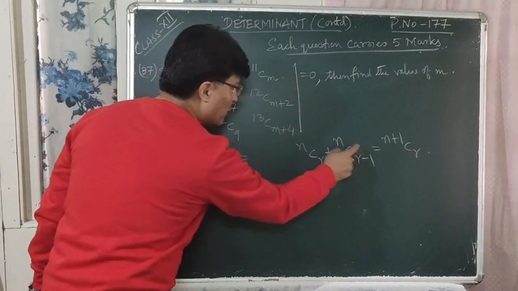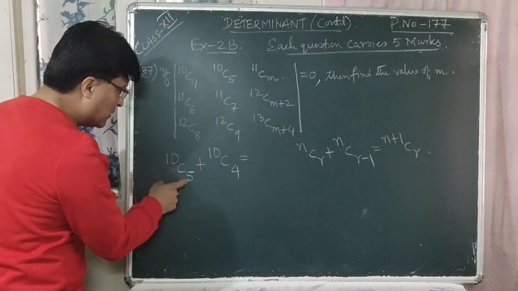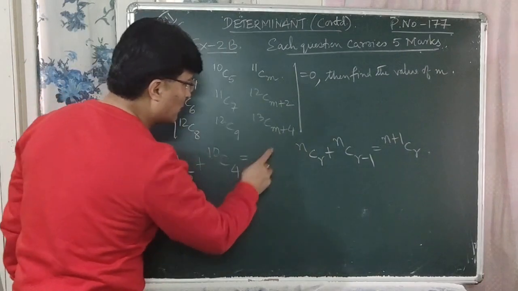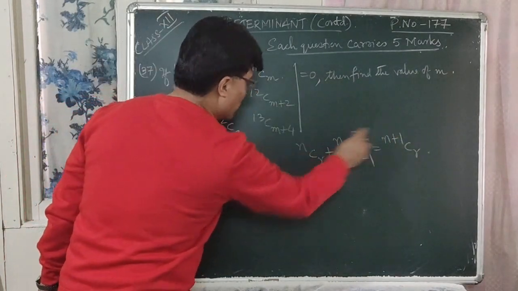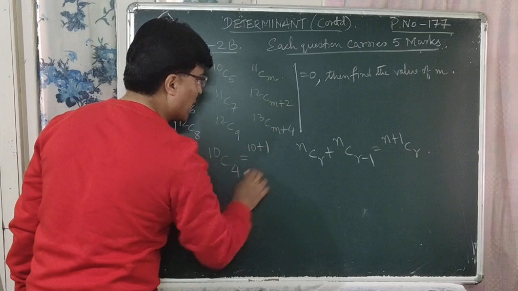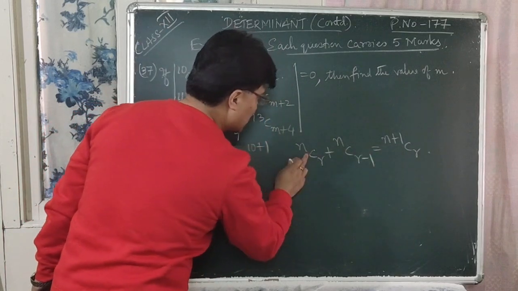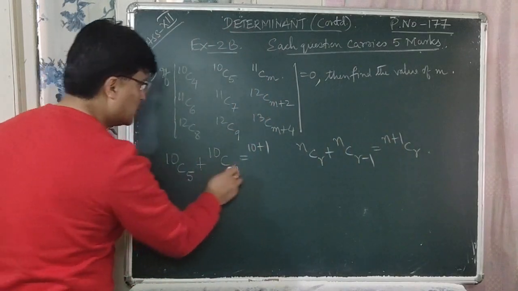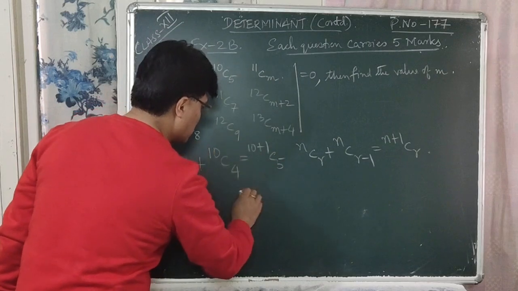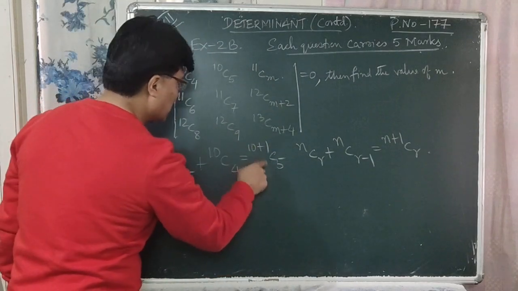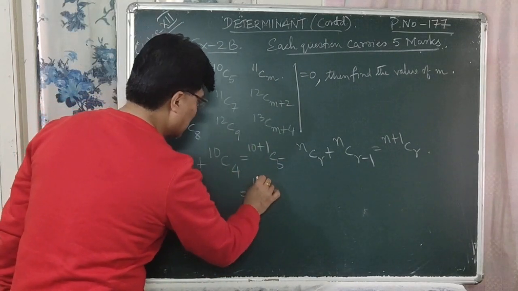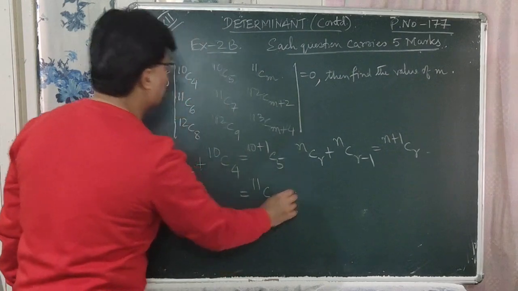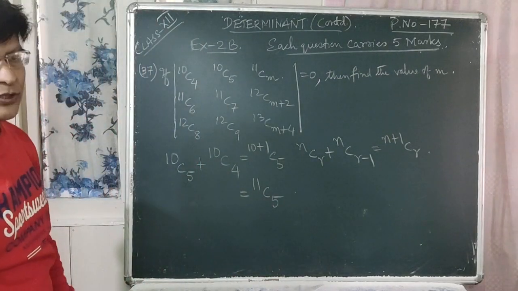If you use this formula, what is the value of 10C5 plus 10C4? It will be 10 plus 1, and CR is written there, so it is C5. So which is equal to, how much is it? It is 11C5. This is your 11C5.